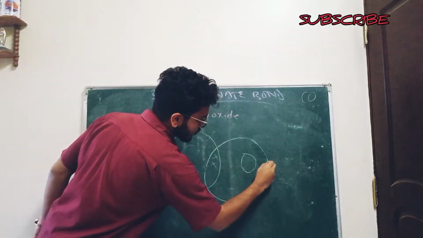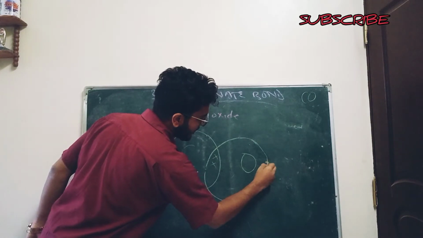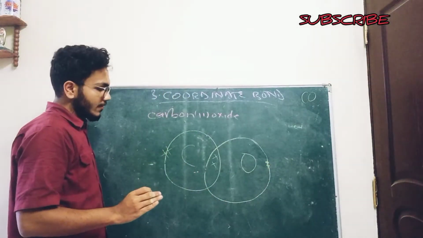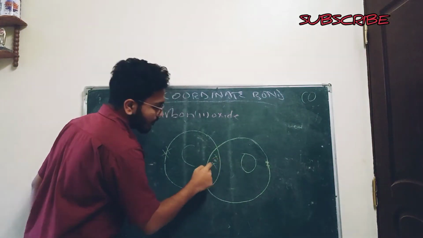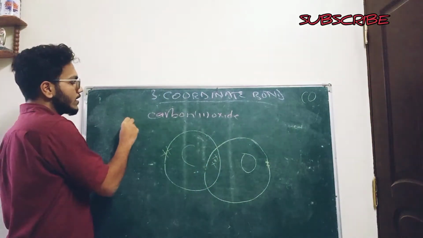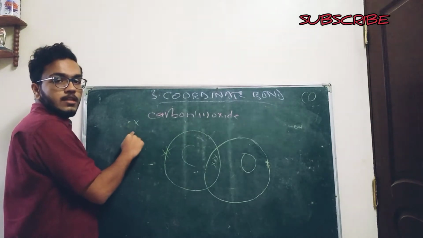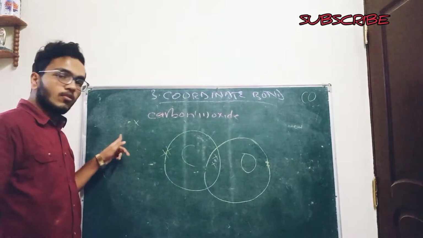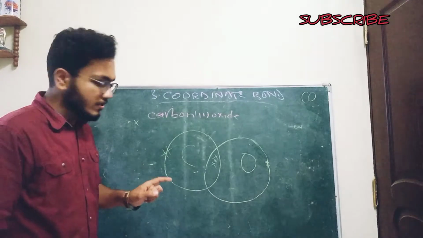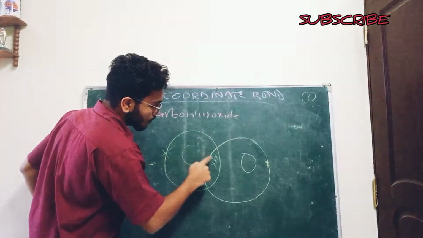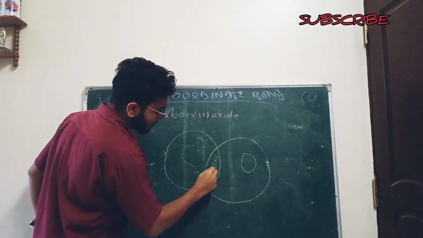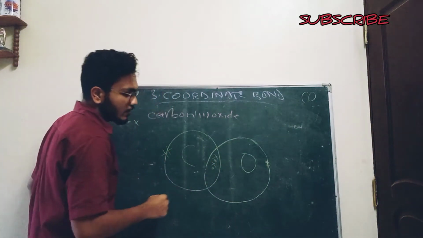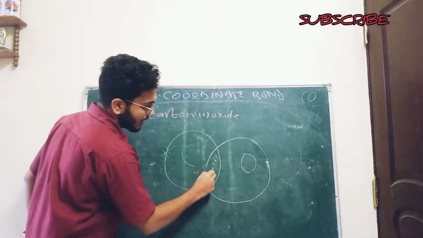So 2 electrons of oxygen will be on the energy level, but 4 electrons will be used in bonding. So a dot and a cross form 1 pair of electrons, which is used in bonding. So 1 electron of carbon, 1 electron of oxygen, 1 electron of carbon, 1 electron of oxygen, and 2 electrons of oxygen which are left.